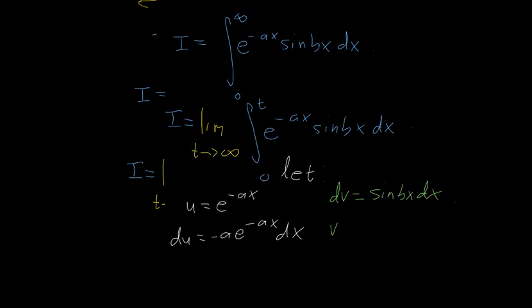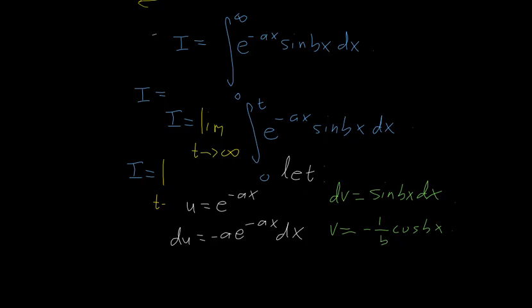So my v, the antiderivative of dv, if I integrate sine bx dx, will give me negative 1 over b cosine bx. We just substitute everything in.